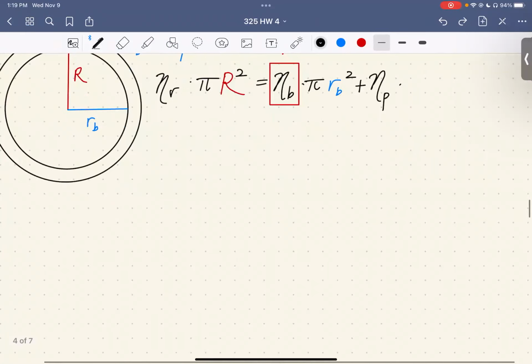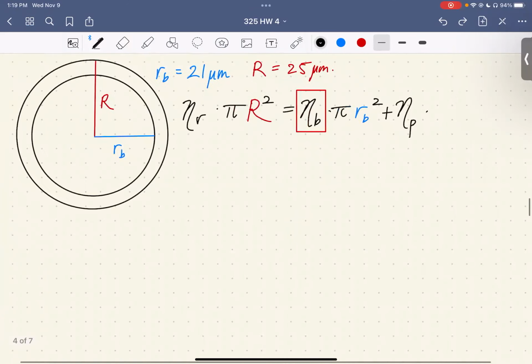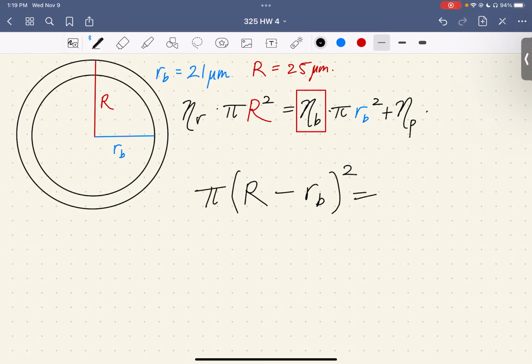So this was a big issue on the midterm that a lot of people struggled with. When we're talking about cross-sectional area between two circles, we cannot just simply take R minus RB and square it. These are absolutely not equal.